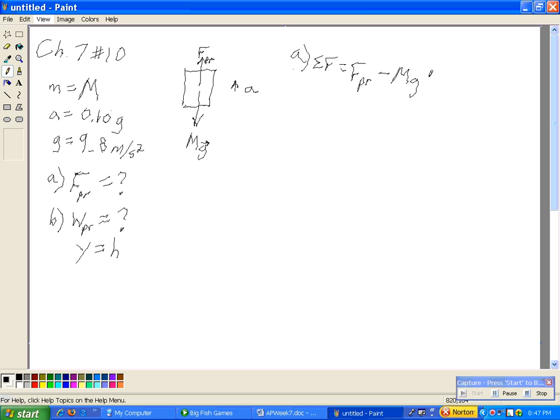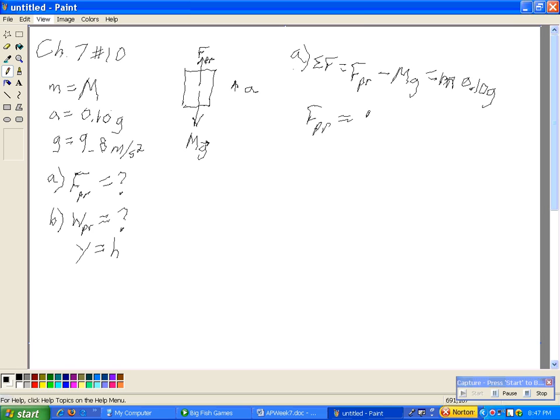The weight is in the opposite direction. The whole thing equals ma, mass times acceleration, but we know the acceleration is 0.10 g. Okay.